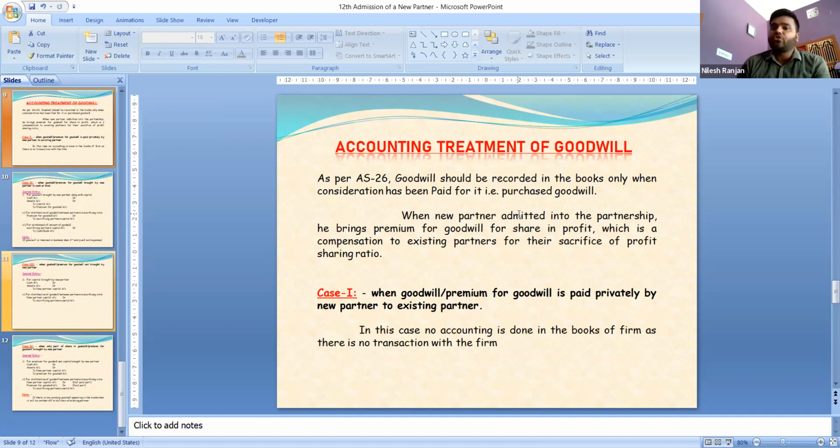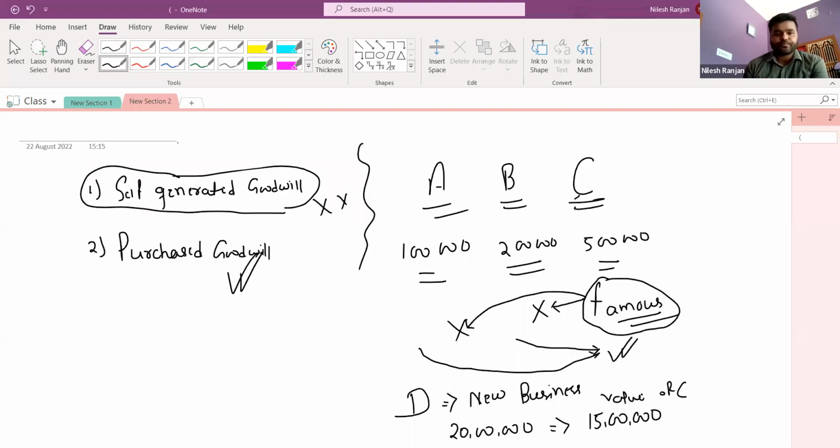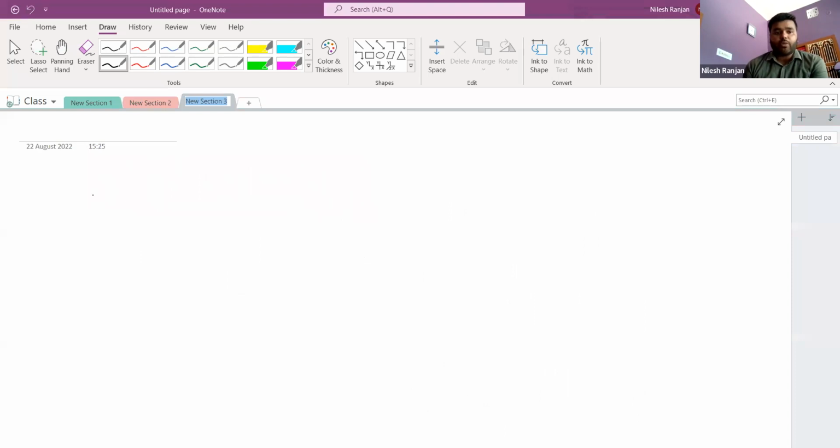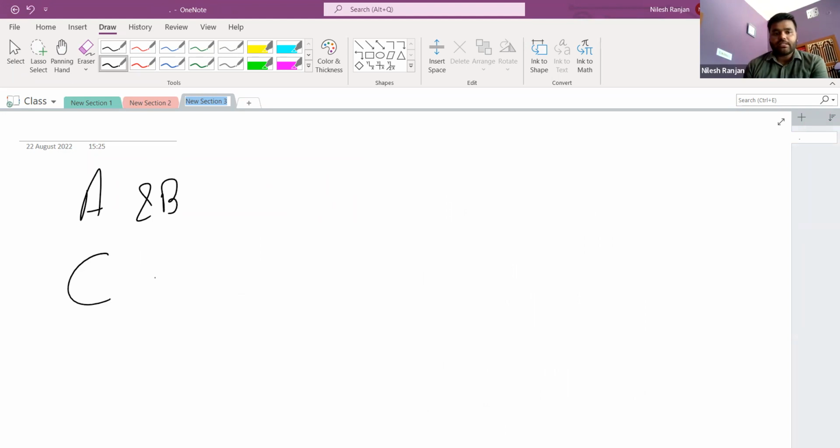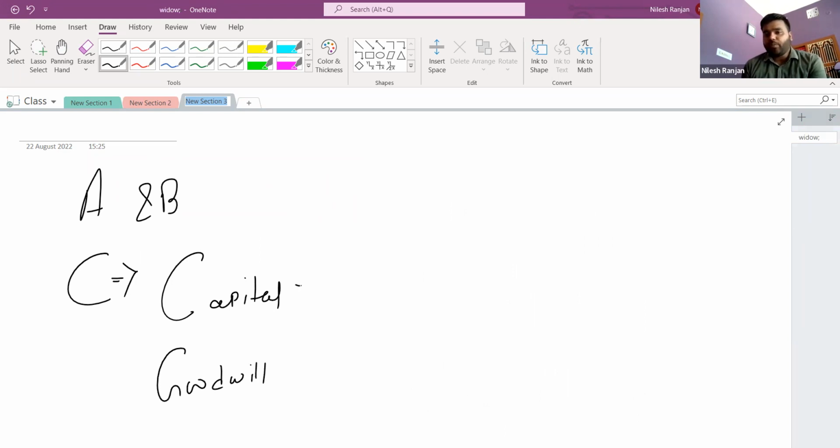When a new partner is admitted into the partnership, he brings premium for goodwill for share in profit. Like say A and B are old partners and C comes into business. C will bring capital and C will bring goodwill, because if C is admitted into partnership, C will get a share in assets and liabilities.